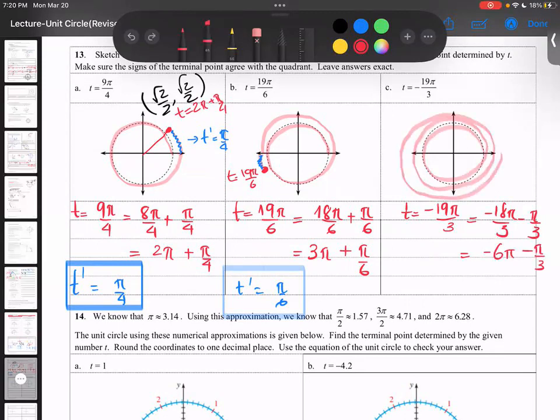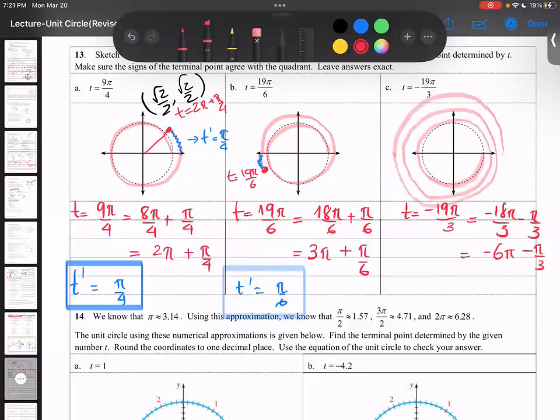Oops, sorry, I should go clockwise, my bad, because it's a negative angle. 1, 2, 3, right there. And then another negative pi over 3. Like that. And the reference number is this itty bit, which is t prime equals negative pi over 3.